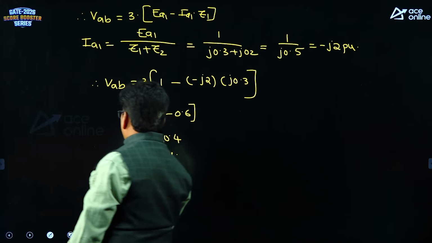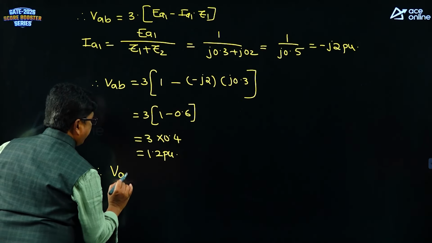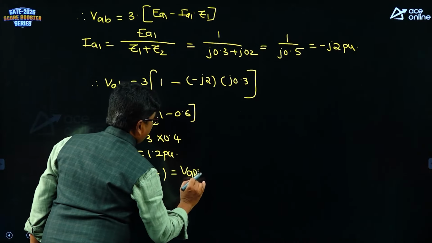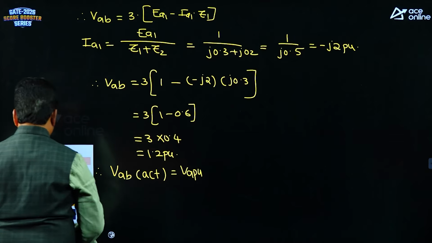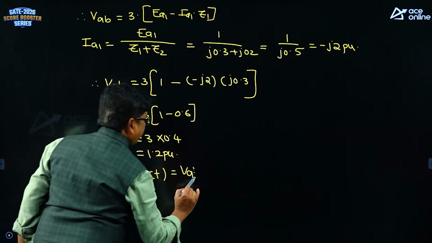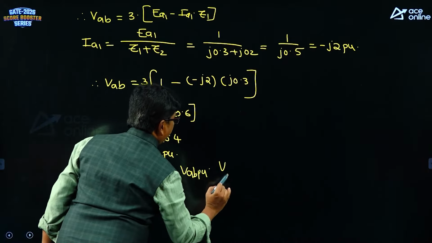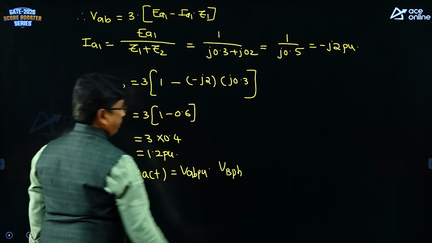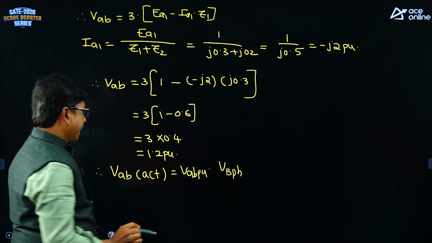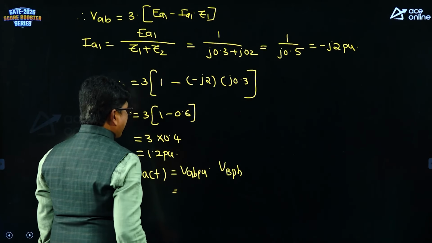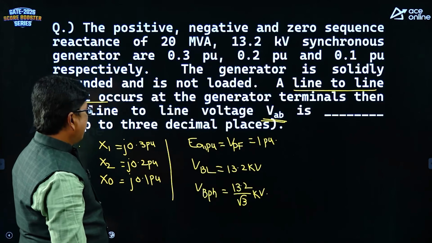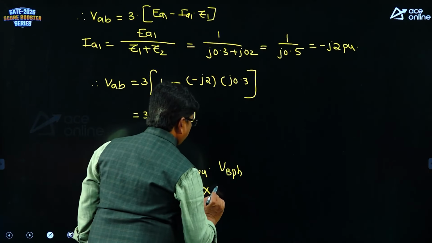What is the actual value? VAB actual value is VAB per unit value into V base phase. Every time you have to use base phase values only. VAB per unit is 1.2 per unit and V base phase is 13.2 kilovolts divided by root 3.